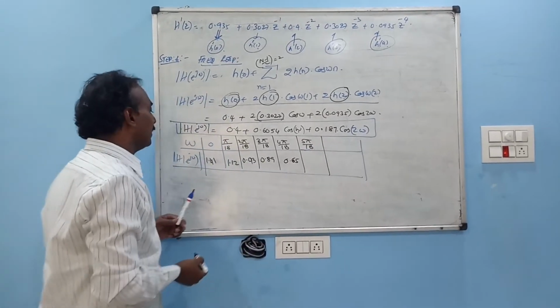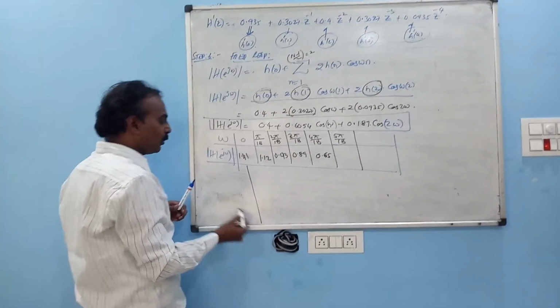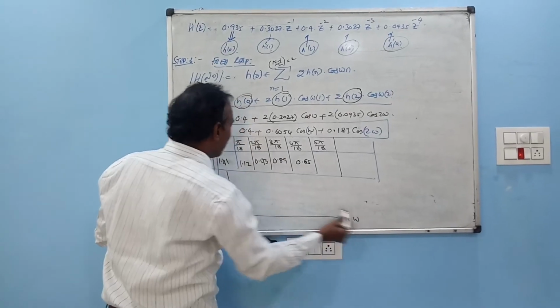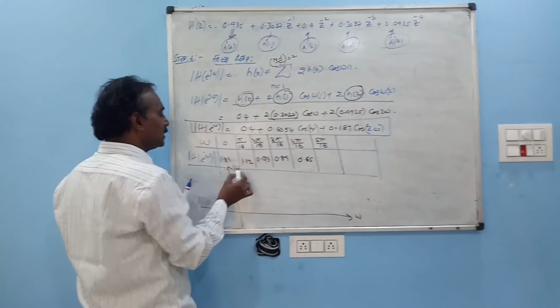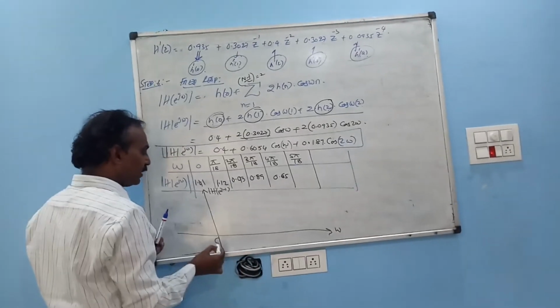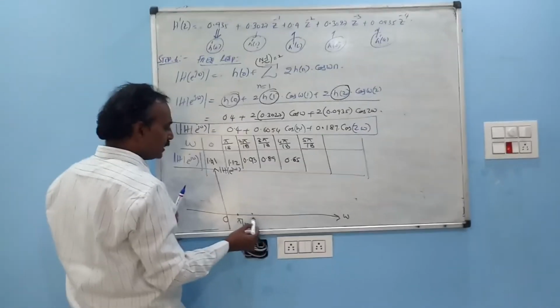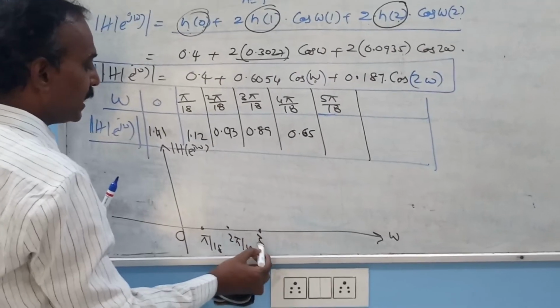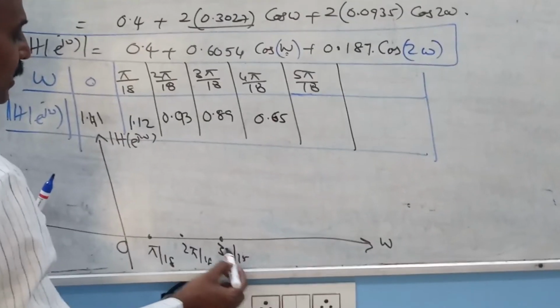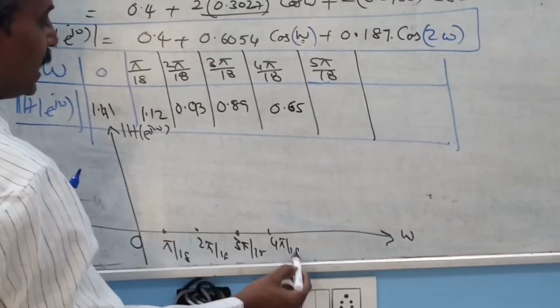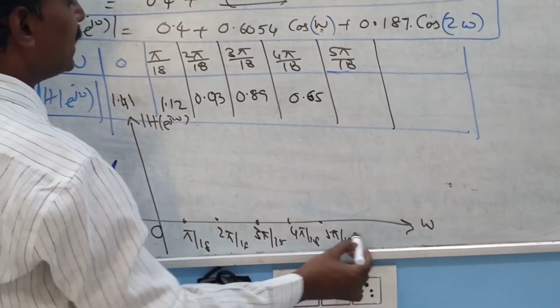So whatever values we get, if I try to plot this now, this is omega, and this is modulus of h of e power j omega. For 0, pi by 18, 2 pi by 18, 3 pi by 18, 4 pi by 18, 5 pi by 18, like this if I plot.